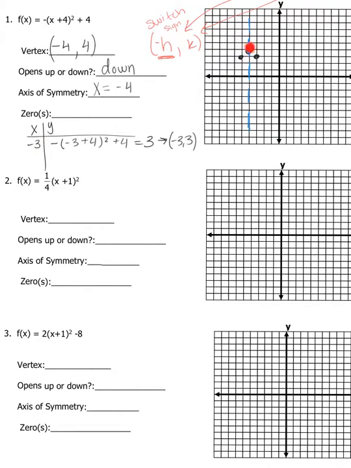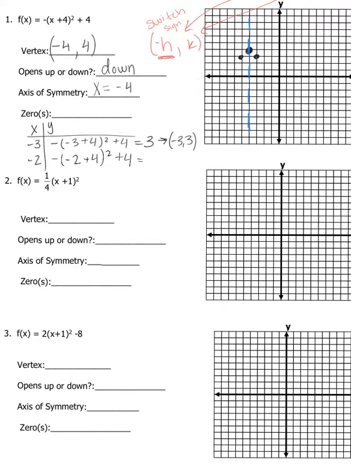Let's keep going. I want to keep going until I have at least 5 points. Right now I only have 3. So let's plug in a value, say over here at x is -2. So if I do my xy table, I'm again going to steal the exact same equation, but instead of writing x, I'm going to write -2. So -(-2 plus 4) quantity squared, and then plus 4.